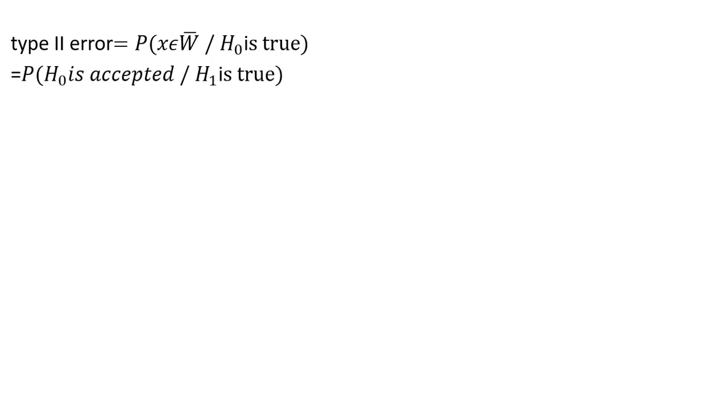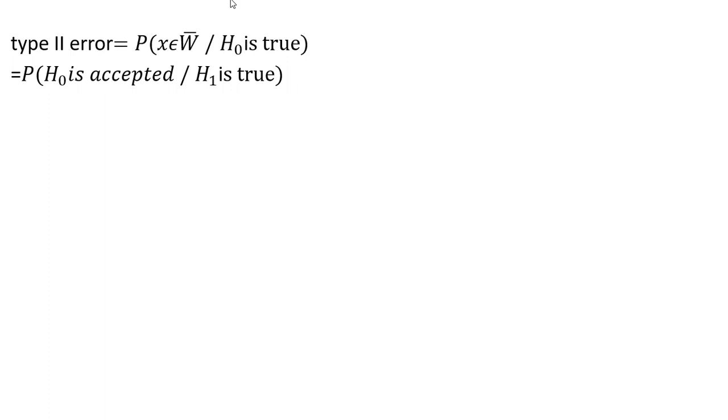Type 2 error. Type 2 error is the probability that x belongs to W bar and H0 is false. If H1 is true, H0 is false, and the type 2 error is when H0 is accepted though it is false.